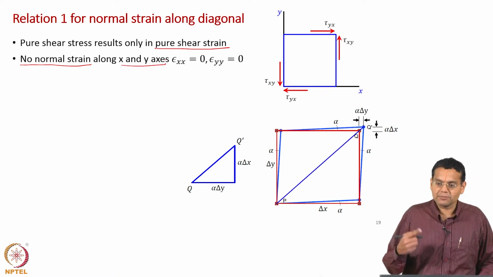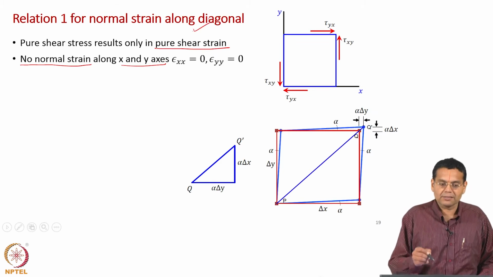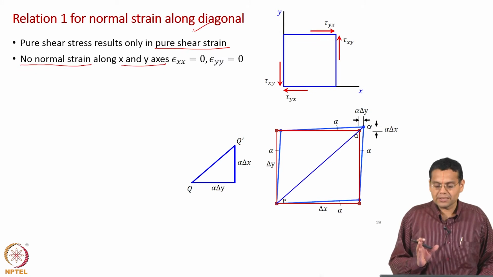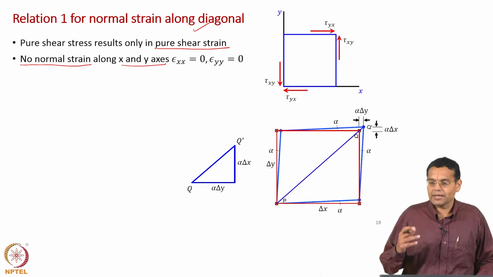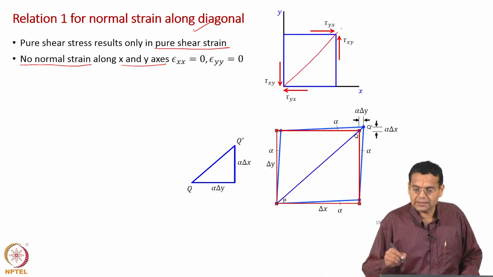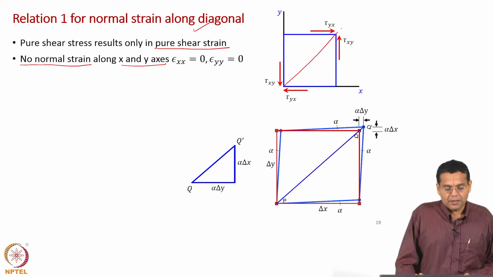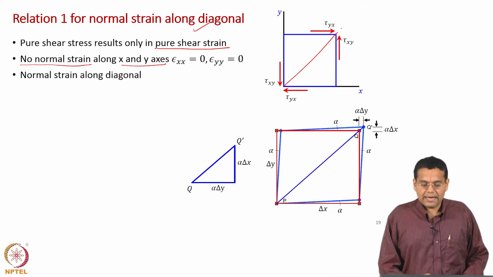There can be normal strain along other directions. For example, there is normal strain along the diagonal. That is the meaning of these statements. So, there is normal strain along the diagonal.